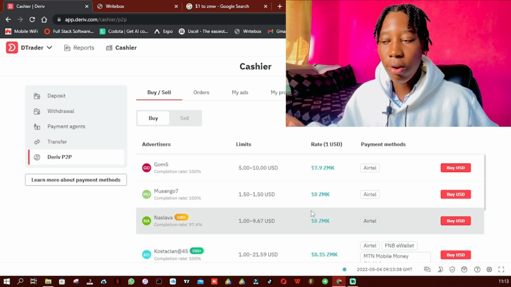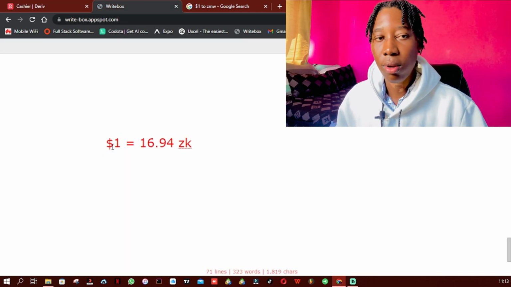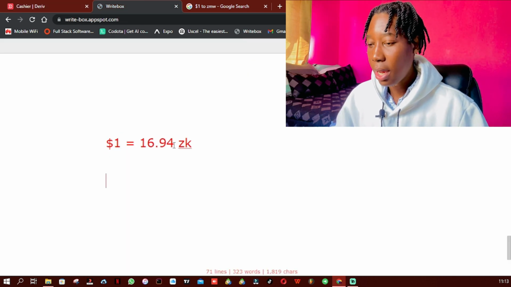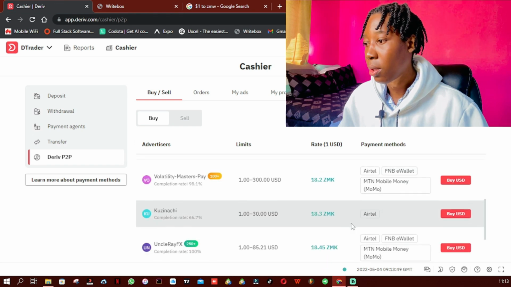Now let me explain more on this. So this is the current rate, $1 is equal to 16.94, and we'll take one example.